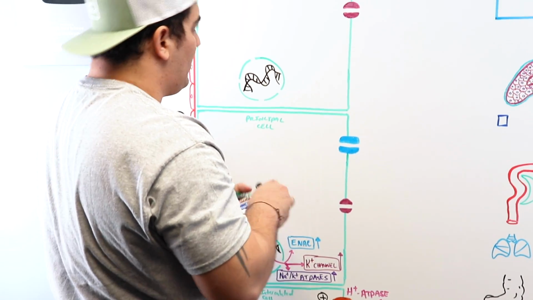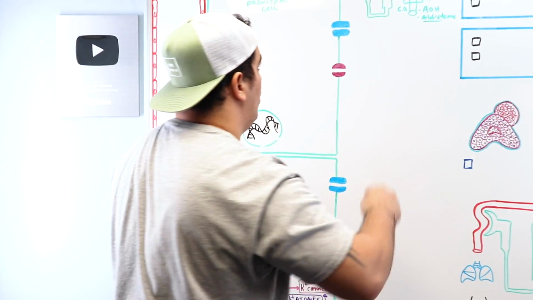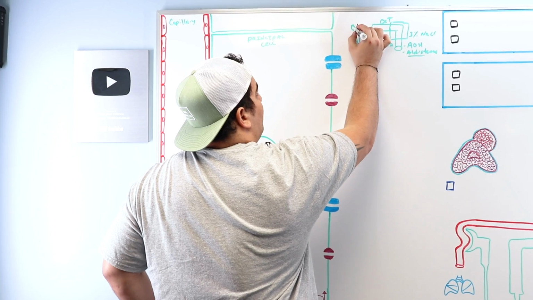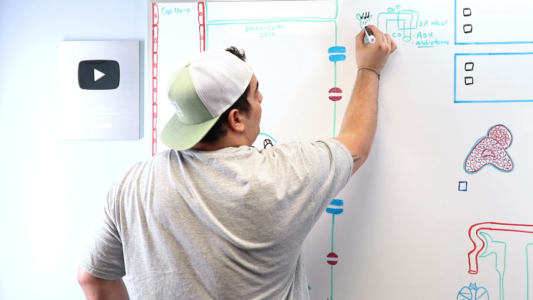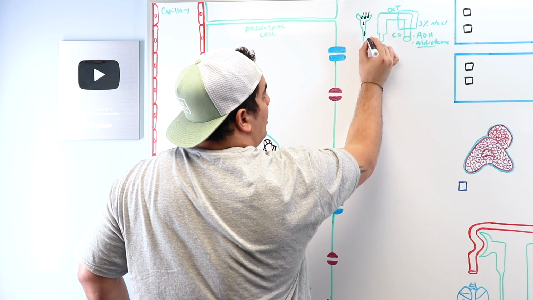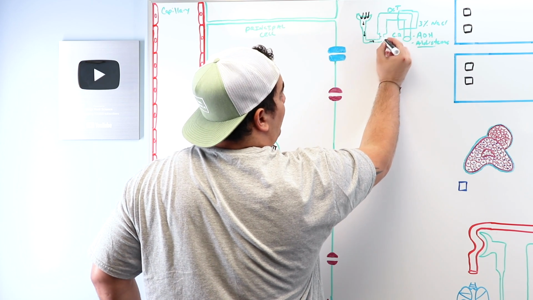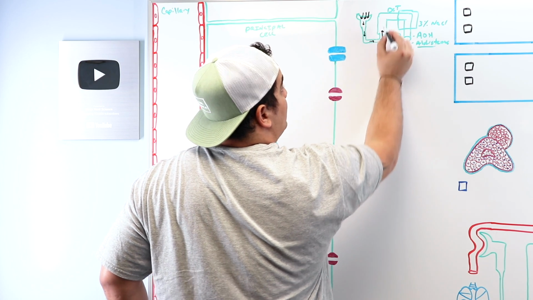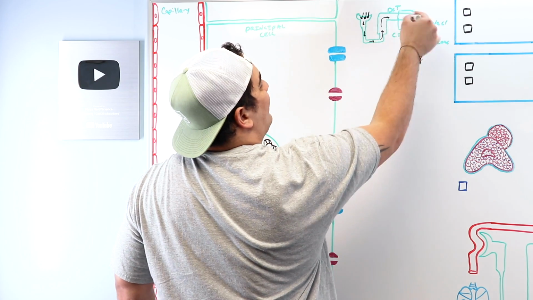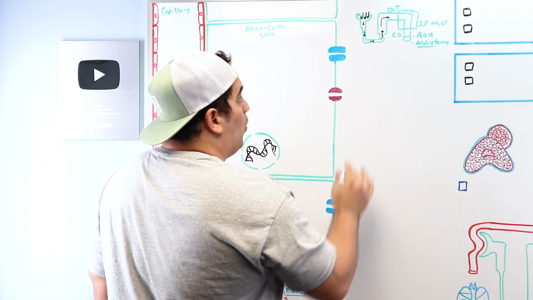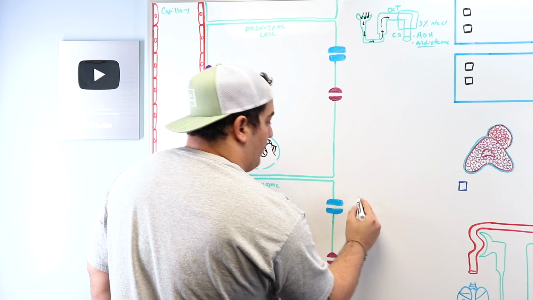So, take a look up here. Remember what happened? Things are filtered across the glomerulus into the Bowman's capsule. They move through the proximal convoluted tubule, down the descending limb, around the hairpin turn, up the ascending limb, and then into the distal convoluted tubule. What are some of these things we're focusing on? In this case, one of them is sodium.